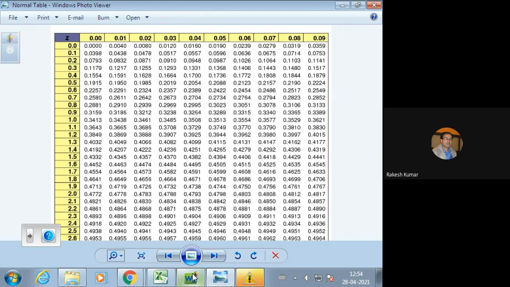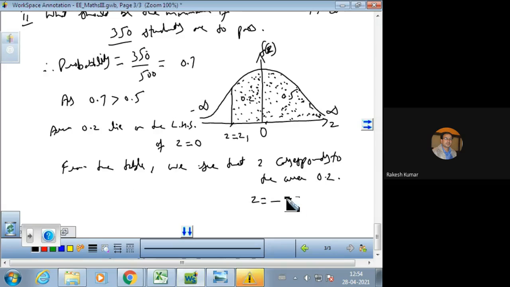So the point will be negative 0.53. Therefore, put this in the test statistic, x minus mu over sigma.